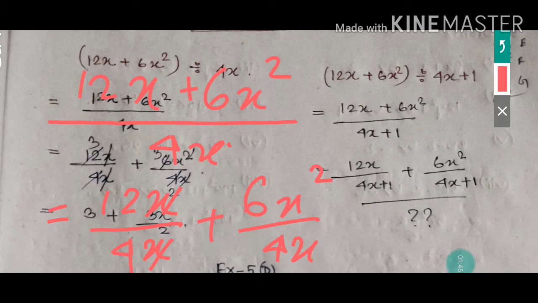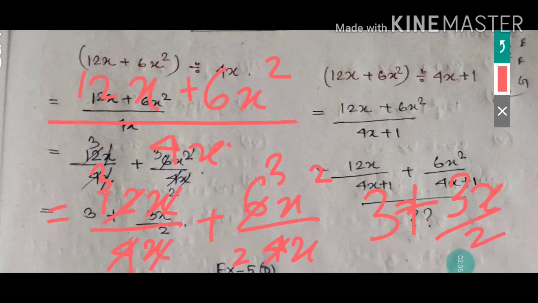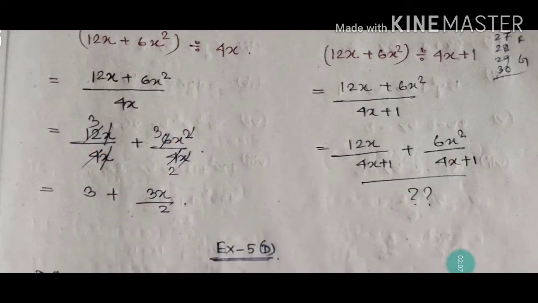Now we can cancel: 4 threes are 12, 2 threes are 6, 2 twos are 4. Here x square, here x, one x will get cancelled, only one x will be there. So I can write 3 plus 3x by 2, isn't it? So this is your division.